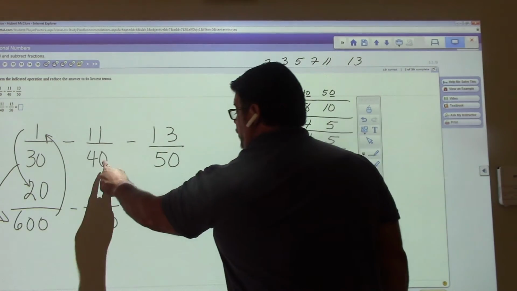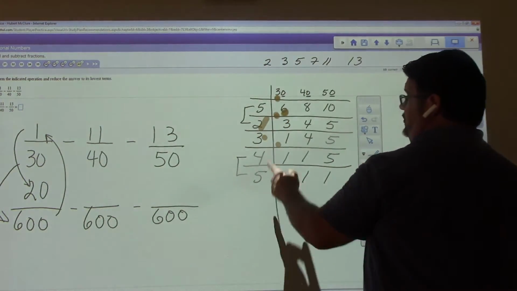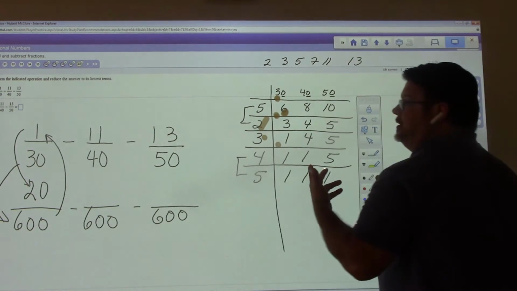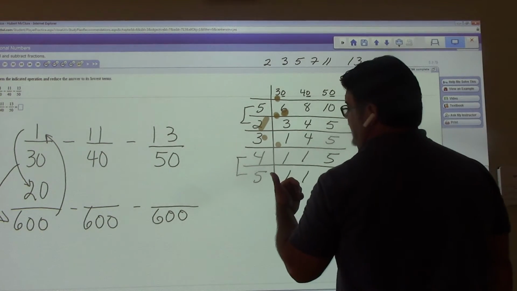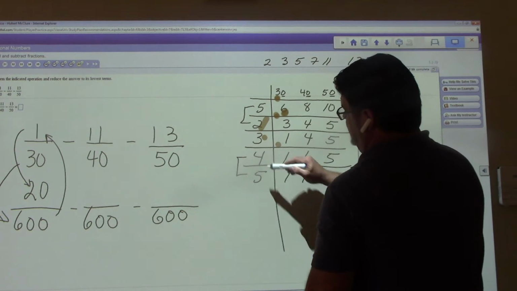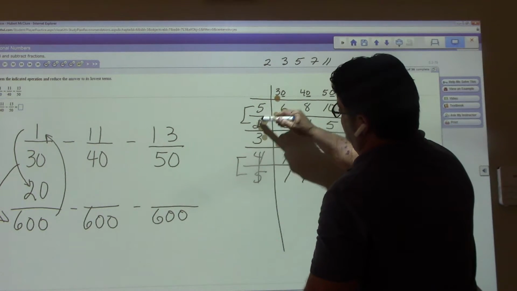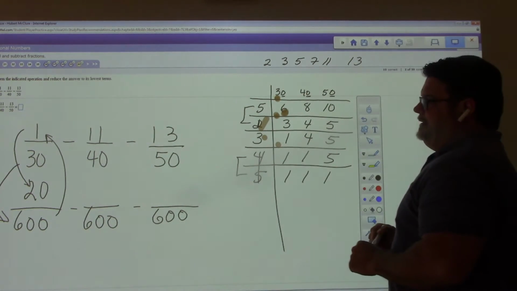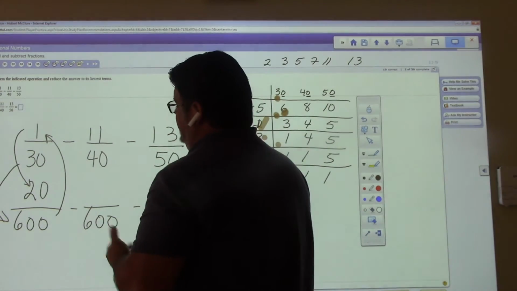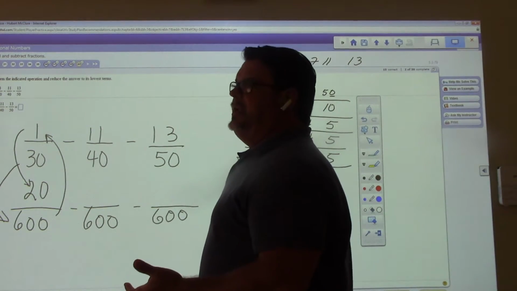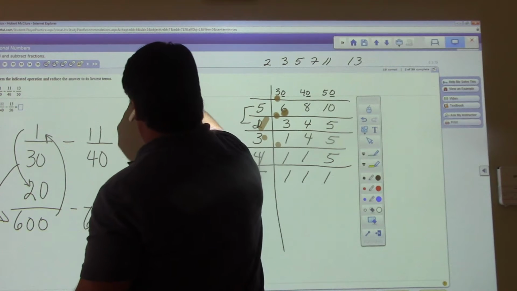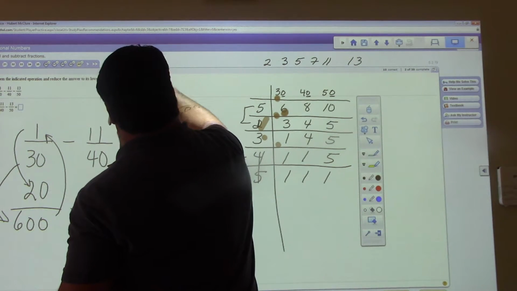How many times will 40 go into 600? We'll go over here and take out 40. What is 40? 2 times what? 20. Well, there's 20. And there's 2. How many times? 15. 15 times 11. Darn it.